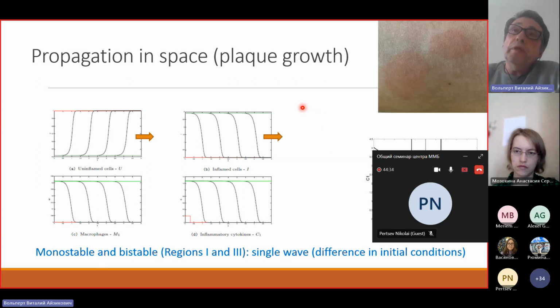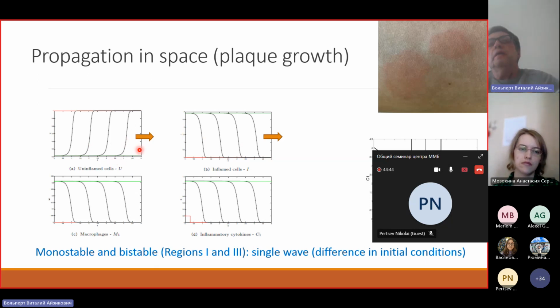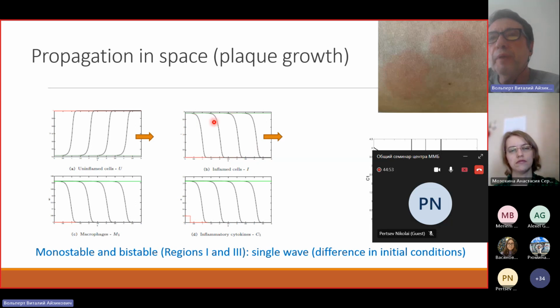And describing that, we introduce this space variable, and we see that, for example, in the example shown here, we have all these variables: inflamed cells, uninflamed cells, macrophages, cytokines. For example, here we take the upper right figure, we see this propagation of the concentration of inflamed cells in time. This is the space variable, this is concentration.